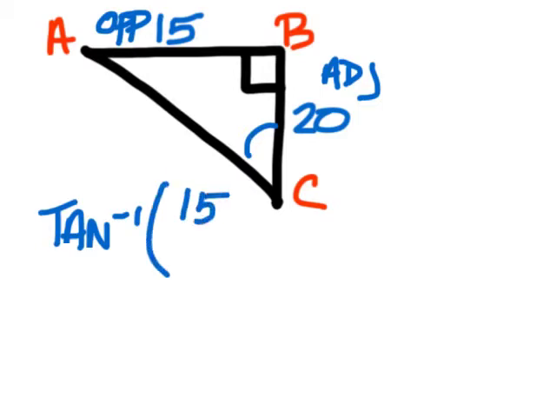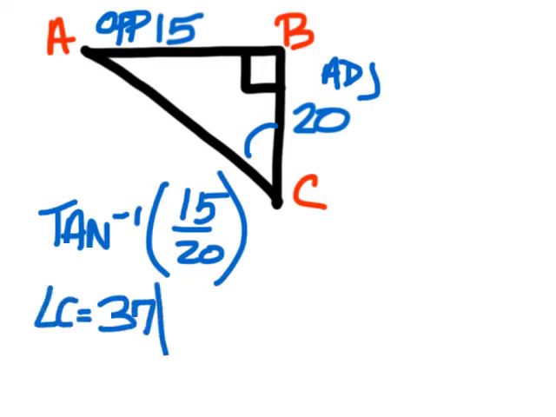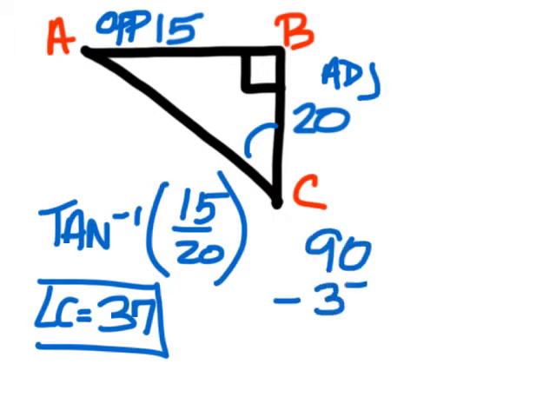So inverse tangent of 15 over 20. Inverse tangent of 15 over 20 comes out to be 37 degrees when you round to the nearest degree. That's angle C, and now to find angle A, you subtract 37 from 90 and come up with 53.